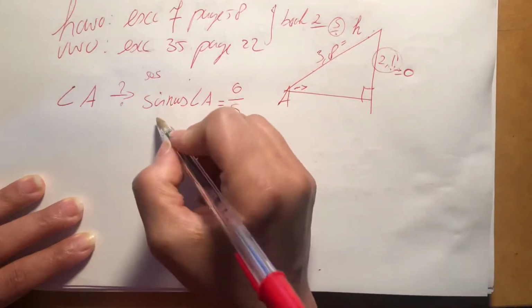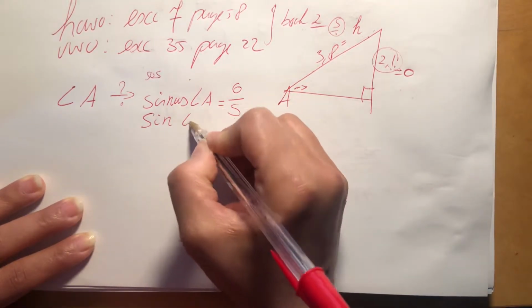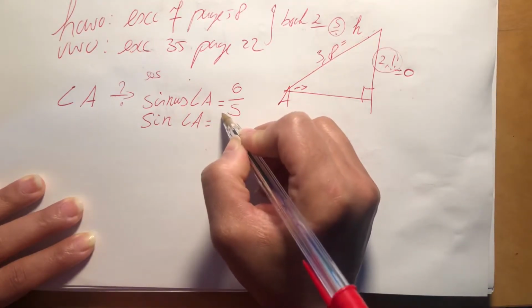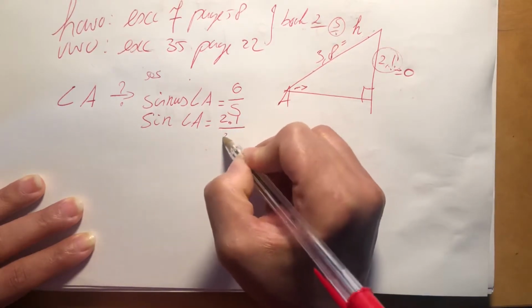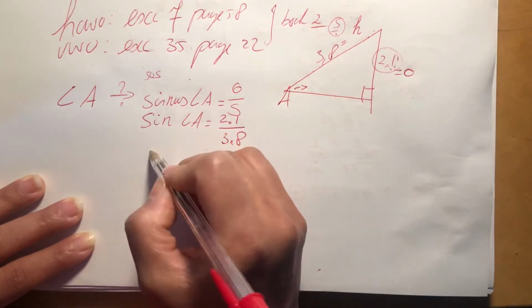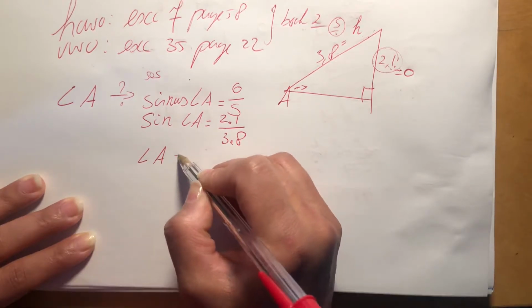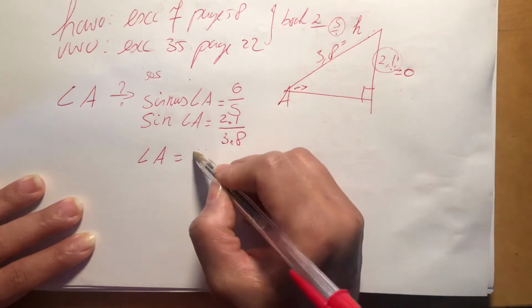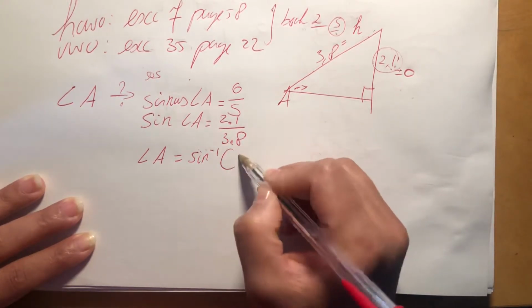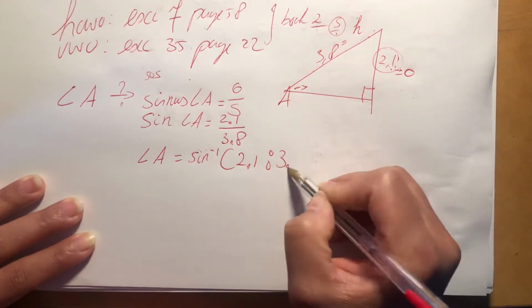And now you're going to fill it in. Sinus, angle A is what we want. Opposite, 2.1 divided by 3.8. Now the shift comes in. How do you do this? One more time. Angle A is the shift function, the sinus inverse of 2.1 divided by 3.8.